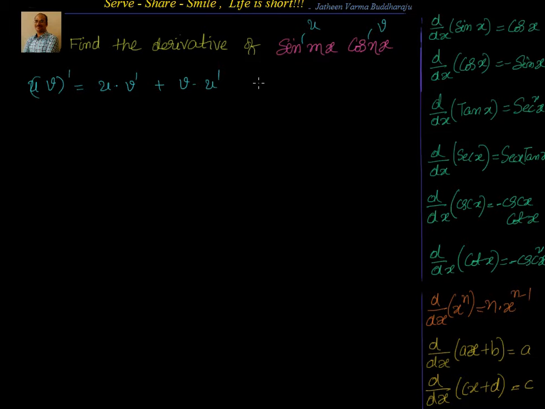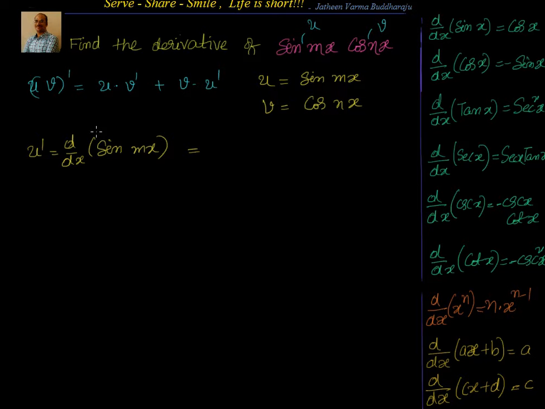Let's find out what is u. We know that u is sine mx. What is v? v is cos nx. What is u dash? U dash is d by dx of sine mx.